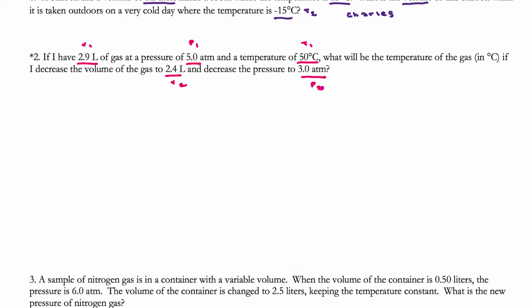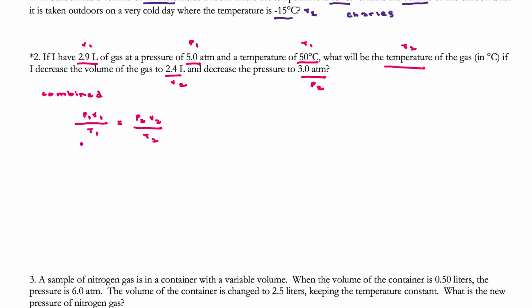So notice I'm changing all 3 variables because my temperature is what I am solving for, my T2. So for this one, I'm going to use my combined gas law. I'm changing all 3 variables. P1 times V1 all over T1 equals P2 times V2 all over T2.